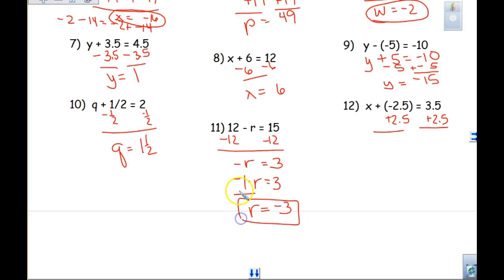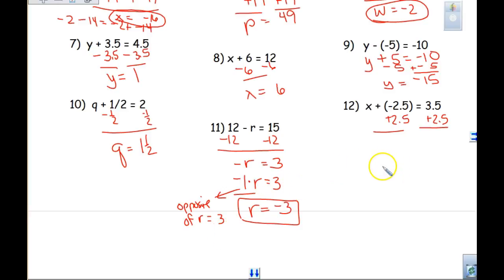Keeping in mind that this -1 means to take the opposite, okay? The opposite of r, and it had to equal 3. So if I'm taking the opposite times some number, the opposite of -3 does give us +3, okay?